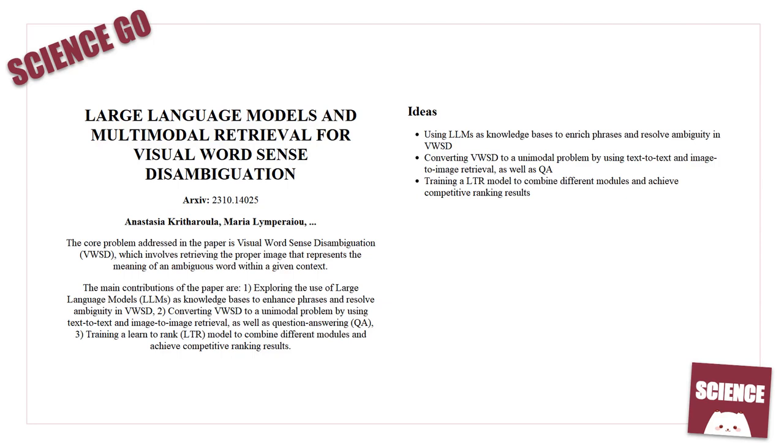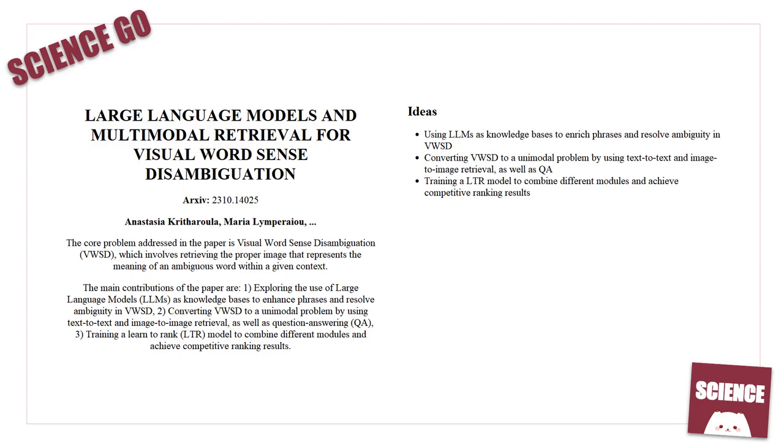And then the paper Large Language Models and Multimodal Retrieval for Visual Word Sense Disambiguation explores a problem called visual word sense disambiguation, VWSD. This problem involves finding the right image that represents the meaning of a word in a given context. The paper suggests using large language models as knowledge bases to help understand phrases and resolve ambiguity in VWSD.